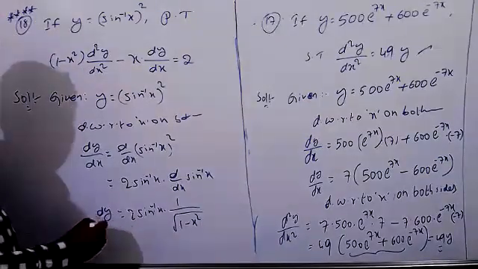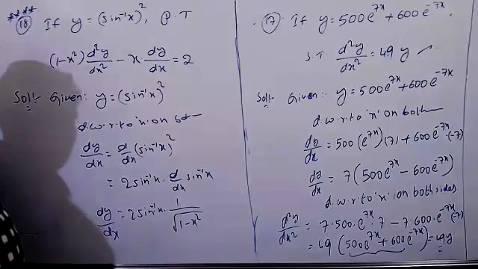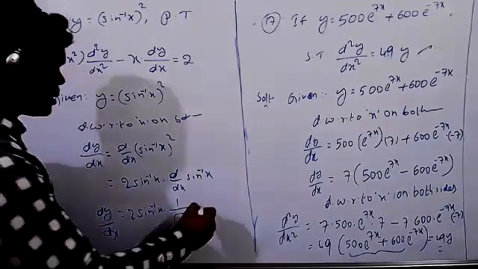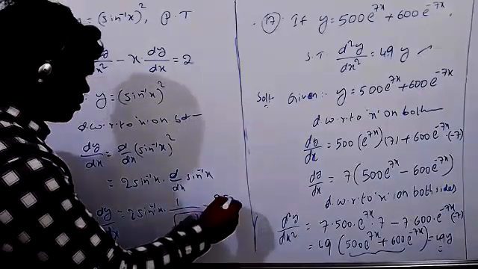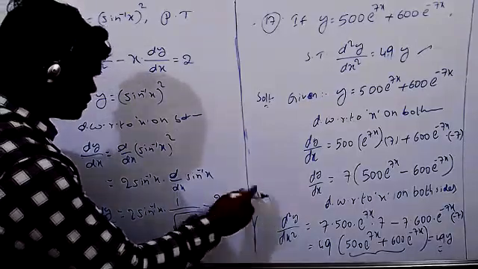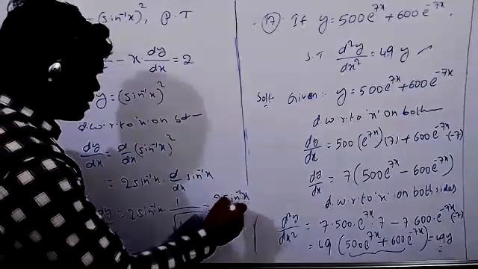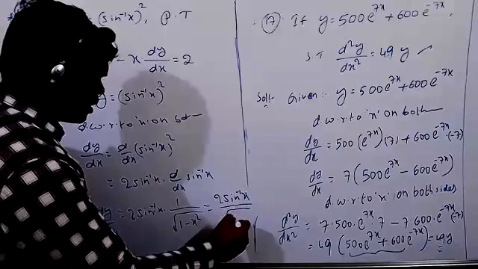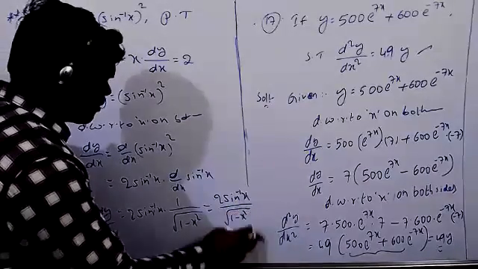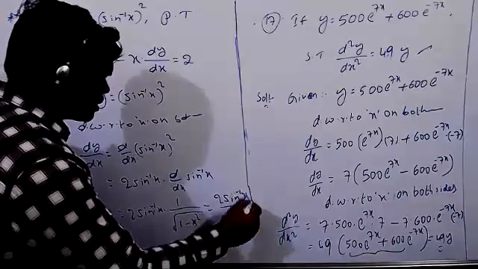So this is the value of dy by dx. If you want, you can write the same thing as 2 sin inverse of x whole by root of 1 minus x square.